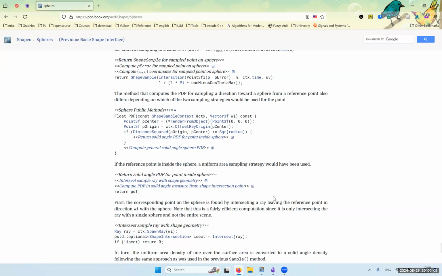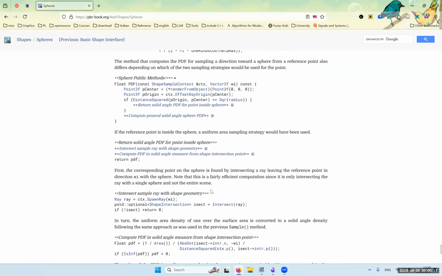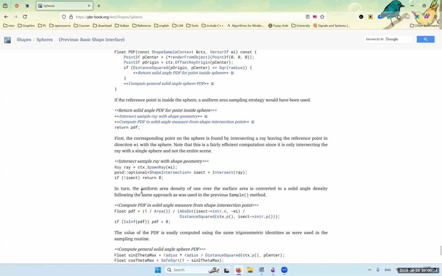Intersect the ray leaving a reference point in direction omega I with the sphere. The uniform area density of 1 over the sphere area is converted to a solid angle density.